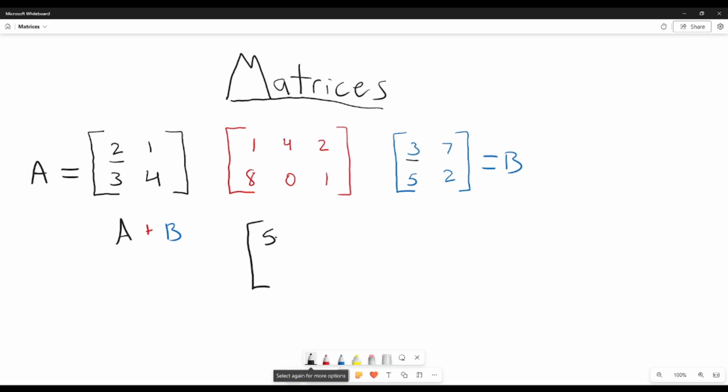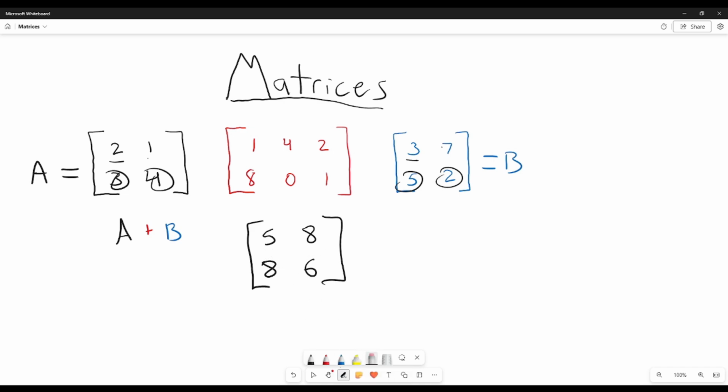So this is going to be 5, this is going to be 8, this is going to be 8, this is going to be 6. Because we've got 2 plus 3, that's going to be 5, 1 plus 7, that's going to be 8, 3 plus 5, that's going to be 8, and 4 plus 2, that's going to be 6.